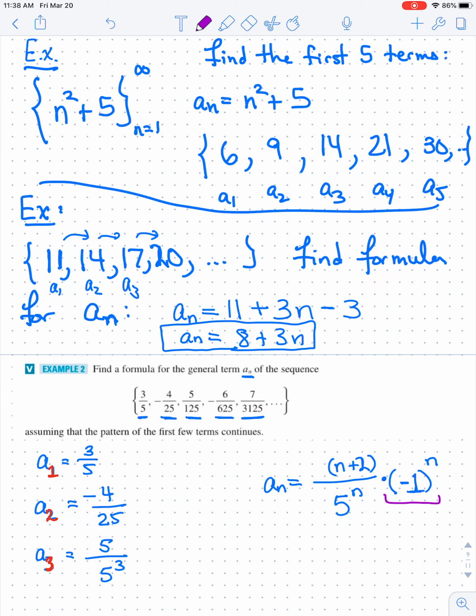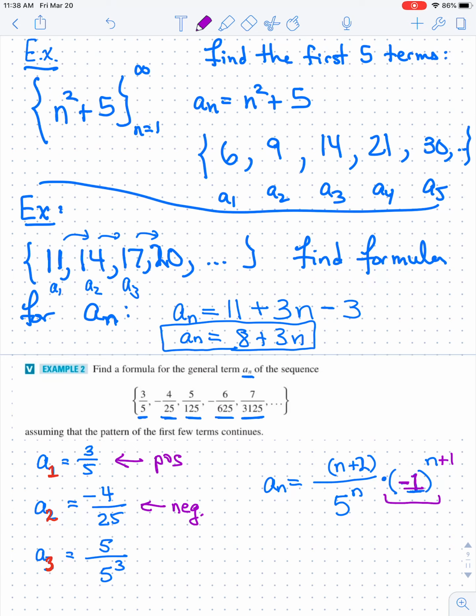So this is going to make all the odd terms in my sequence negative. And we look over and we say, well, do we want the odd terms positive or negative? Well, I guess we want the odd terms to be positive, and we want the even terms to be negative. And so the easiest way to achieve that is instead of multiplying by negative 1 to the n, let's just multiply by negative 1 to the n plus 1.